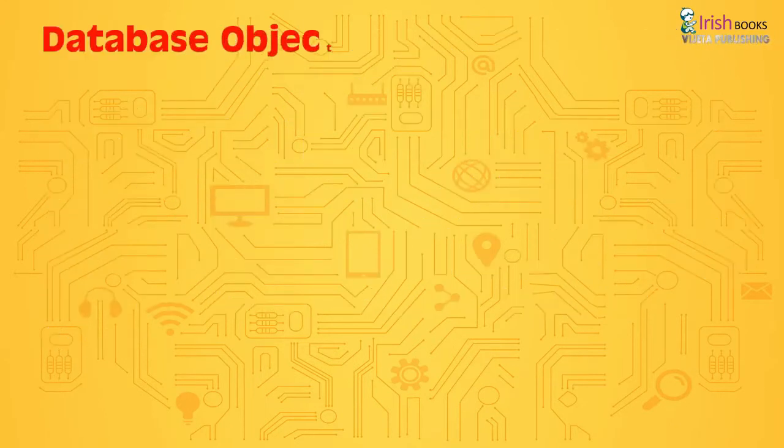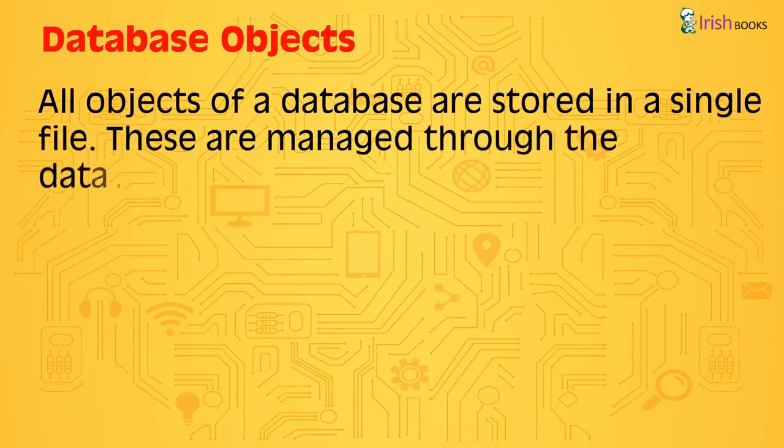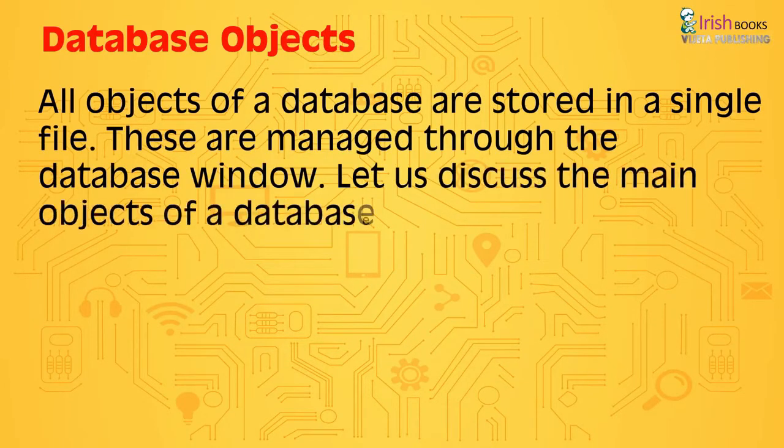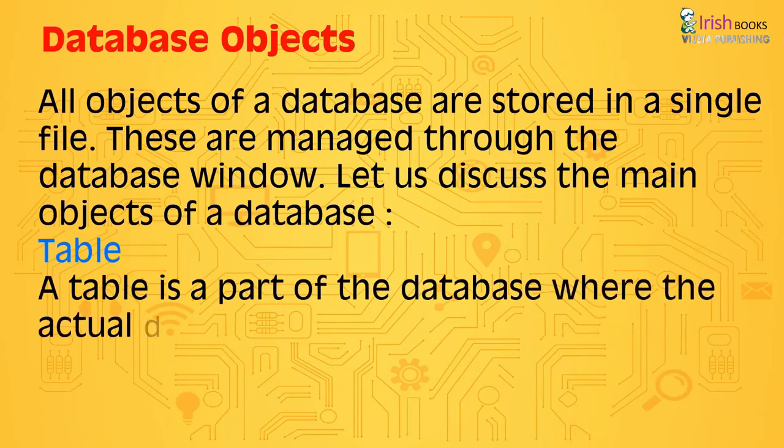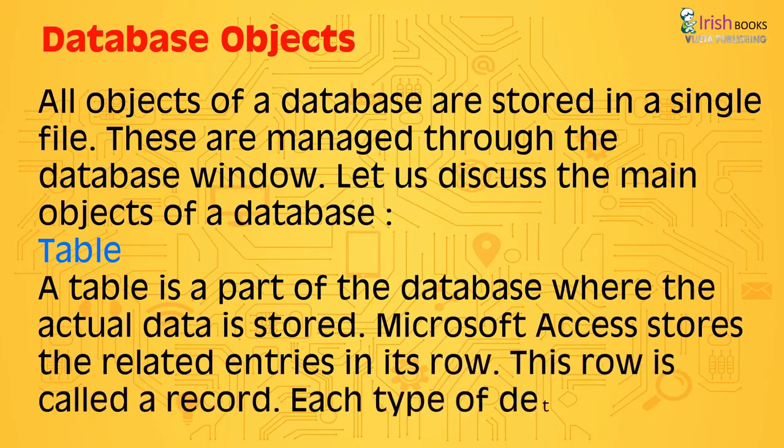Database objects. All objects of a database are stored in a single file. These are managed through the database window. Let us discuss the main objects of a database. Table. A table is a part of the database where the actual data is stored. Microsoft Access stores the related entries in a row. This row is called a record.